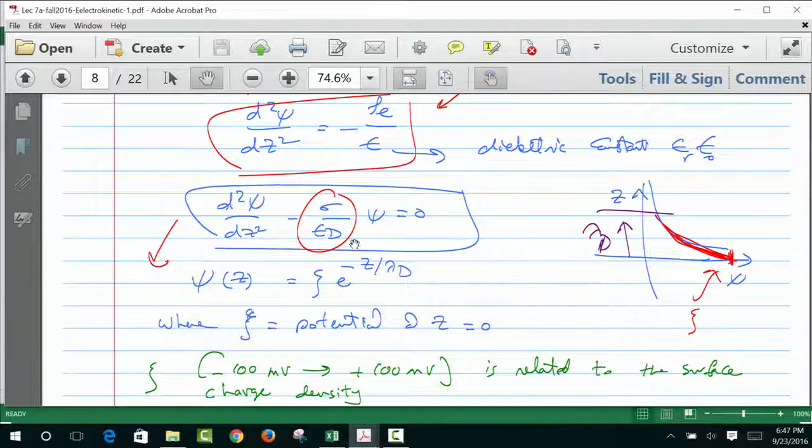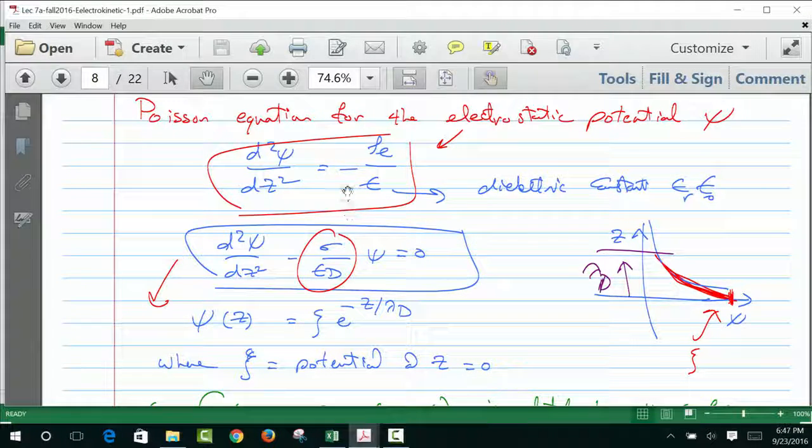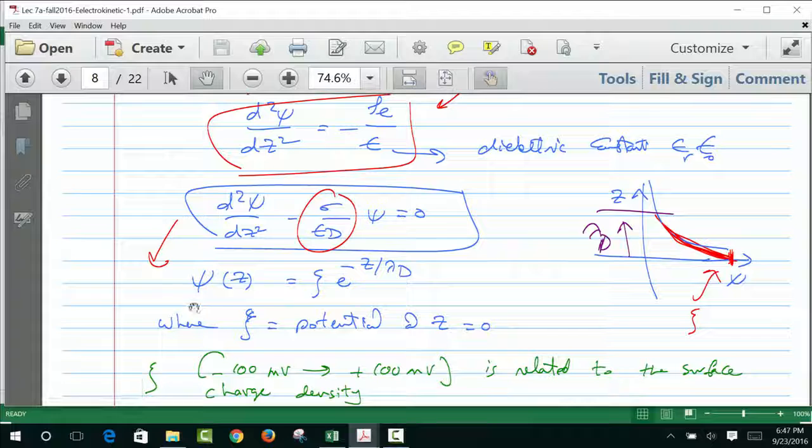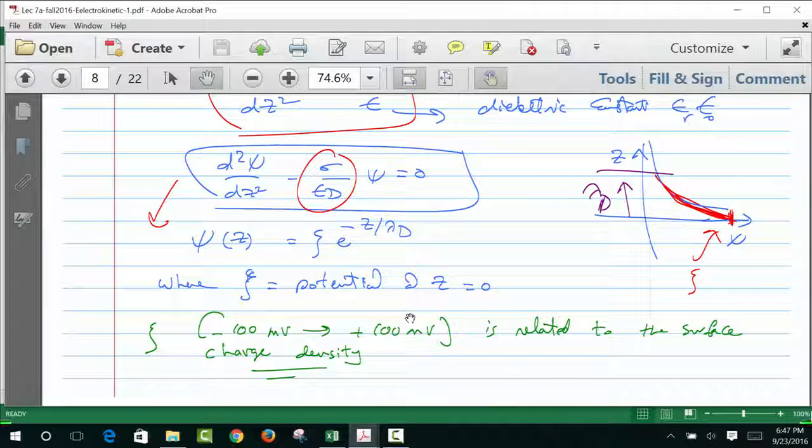And again, this equation came from a thin boundary layer assumption, which results in that solution. Okay? So this is how the potential would look. And eventually at infinity, the charge goes to 0.